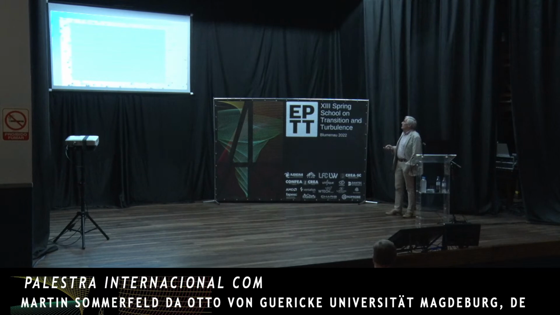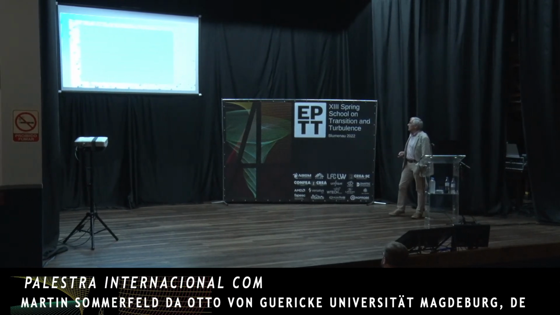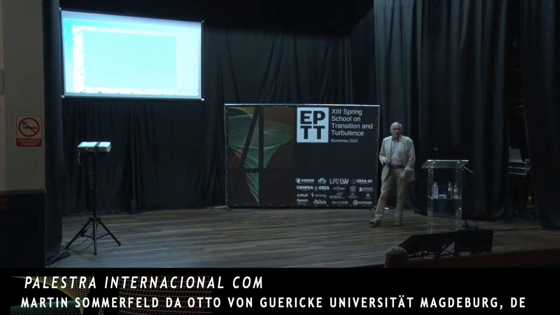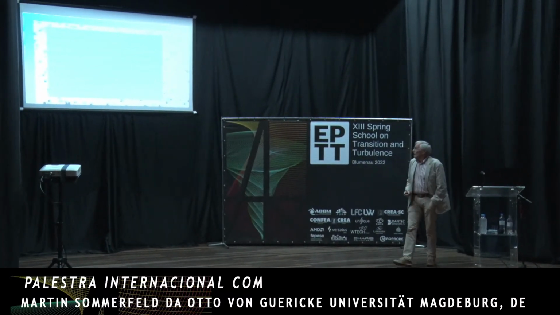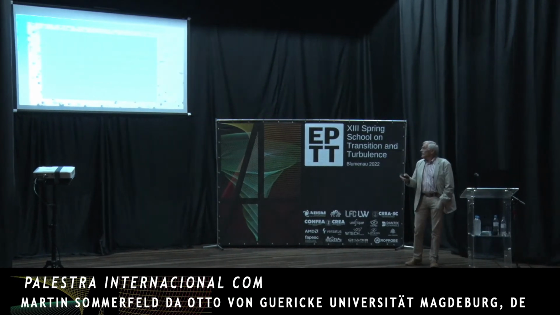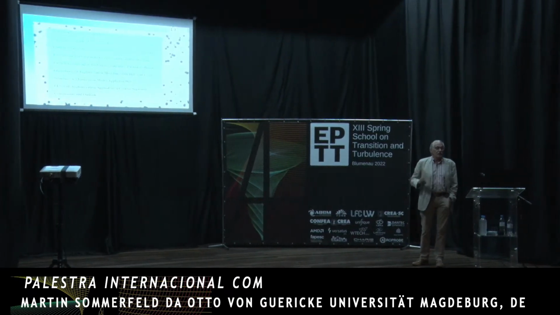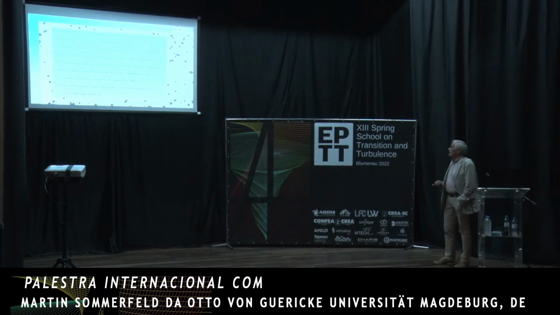Jonathan asked me to talk about agglomeration, and I will introduce in which way you can model agglomeration. There are different levels at which you can do that, and actually we also made a comparison of the different models and compared the outcome.